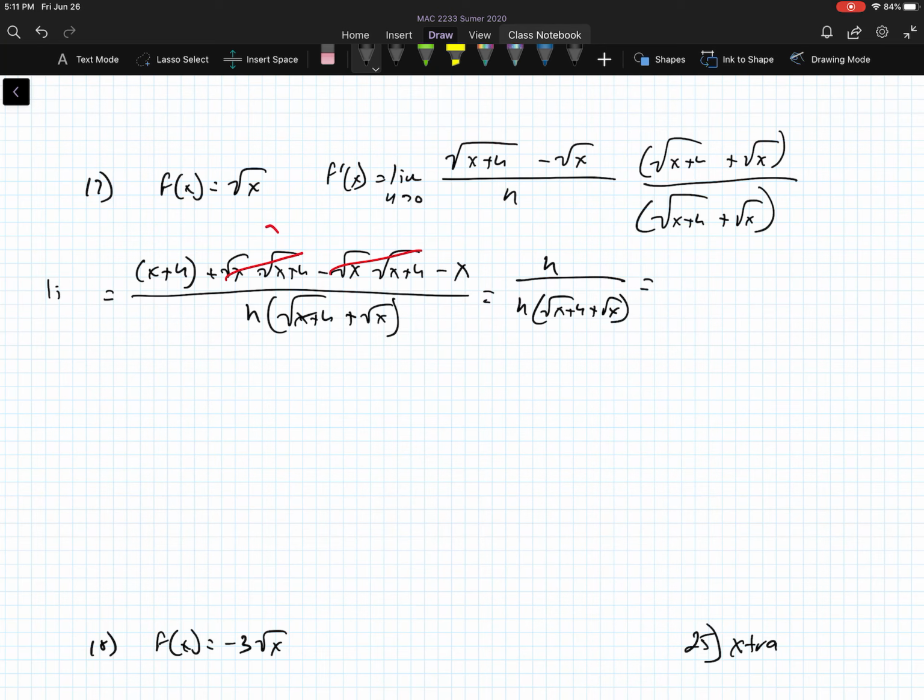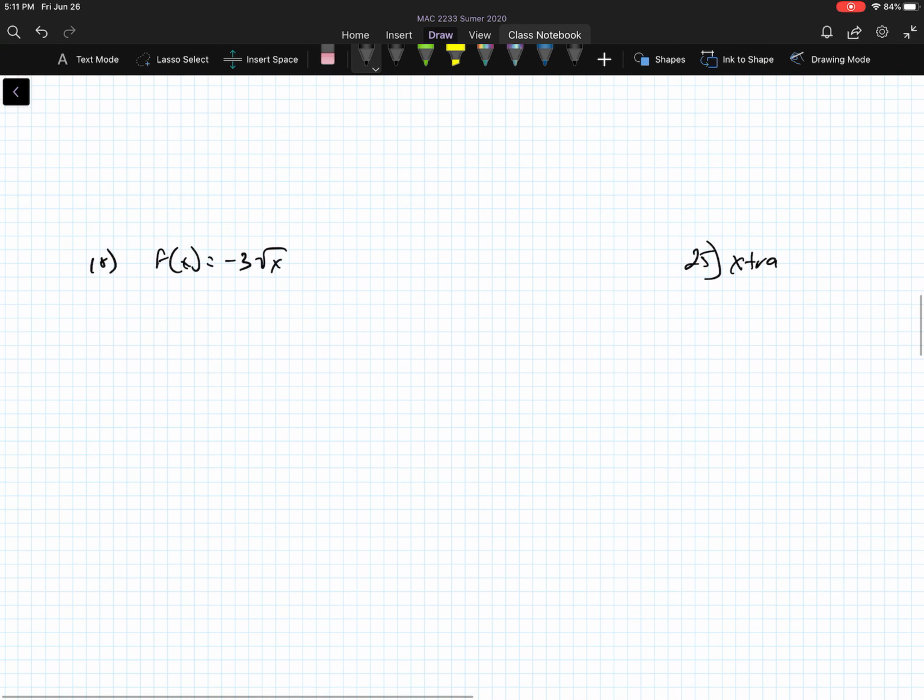And of course, if it's the limit as h goes to 0, then this is going to be 1 over square root of x plus square root of x, which is going to be equal to 1 over 2 square roots of x, which will be your f prime of x. So if the function is defined to be square root of x, then the derivative of that would be 1 over 2 square roots of x.